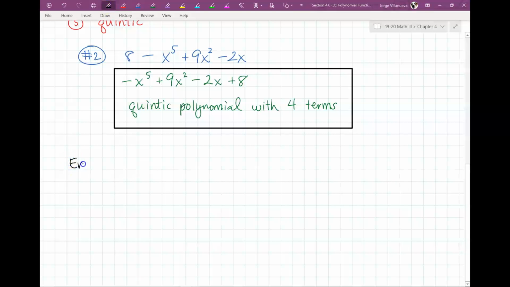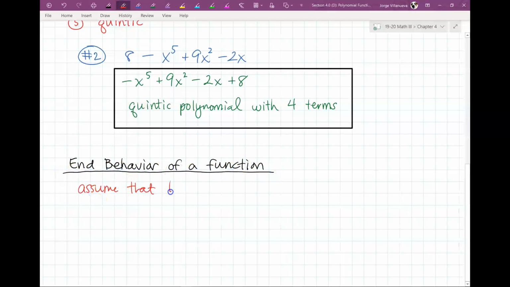So end behavior of a function. Now first, we're going to assume that the function is in standard form. Because if you don't put it in standard form, then all of your answers are probably going to come out wrong. Okay?